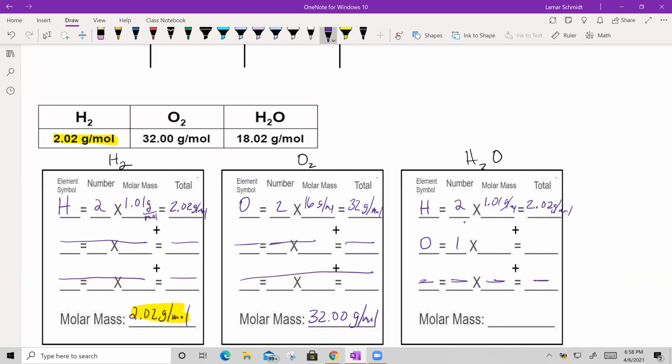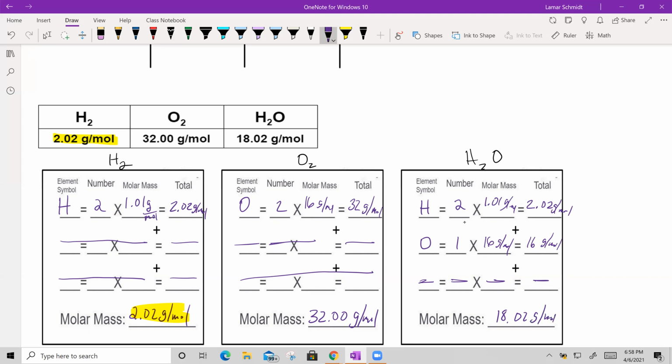Now we have oxygen. There is one oxygen. We said the molar mass of oxygen is 16 grams per mole. So now we're going to add up 16 plus 2.02, and we get 18.02 grams per mole.